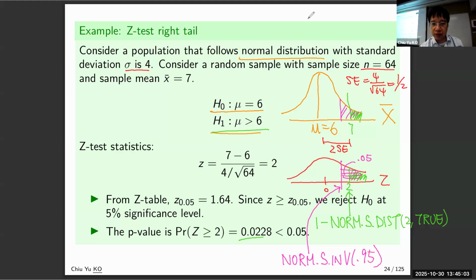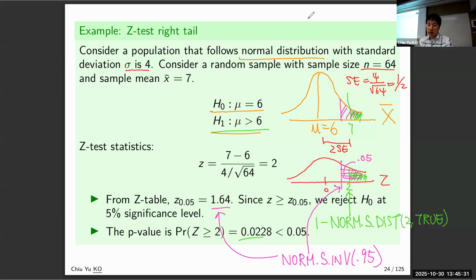Okay, so this will give you 1.64, and 2 is beyond the point of no return, or critical value, 1.64. We have 2, so it's deep inside the region you reject. So that's why in this question, you would say the data would favor the H1. Okay, so you will reject.